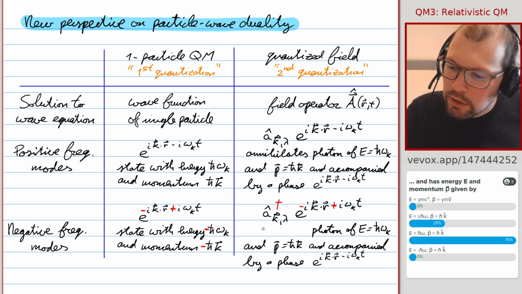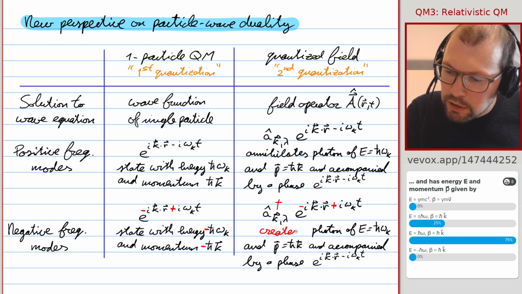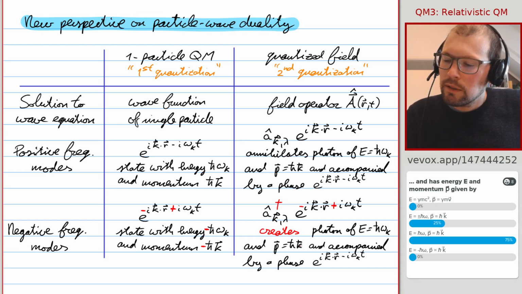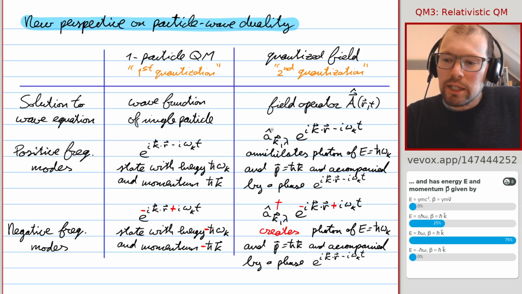Well, we already know what this does. It creates a photon, of course of the same energy as the photon that was annihilated by a_{k,lambda}.